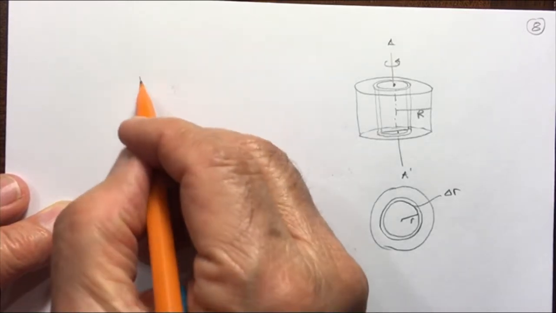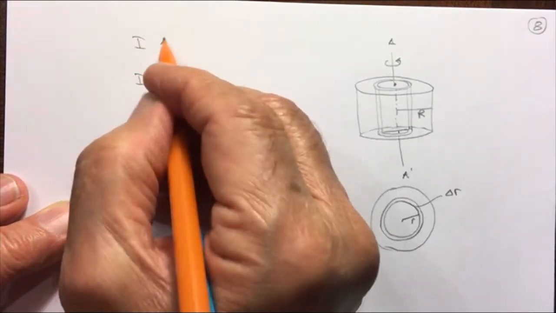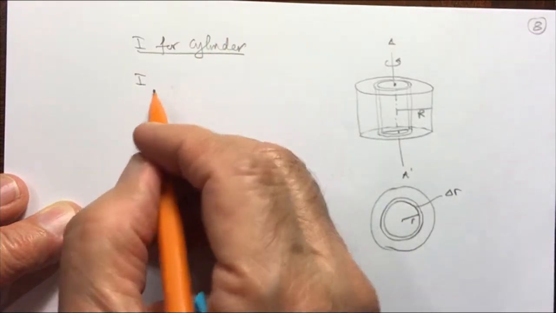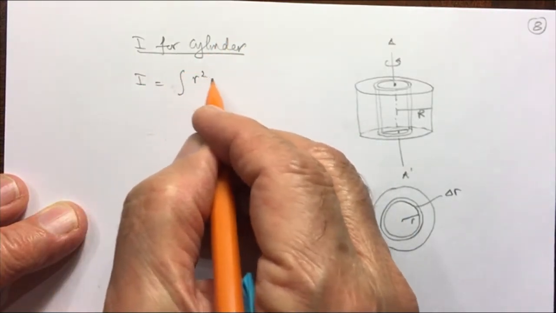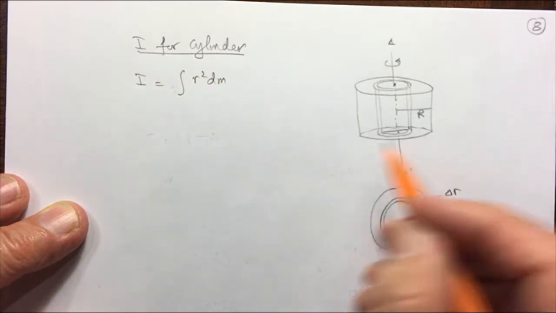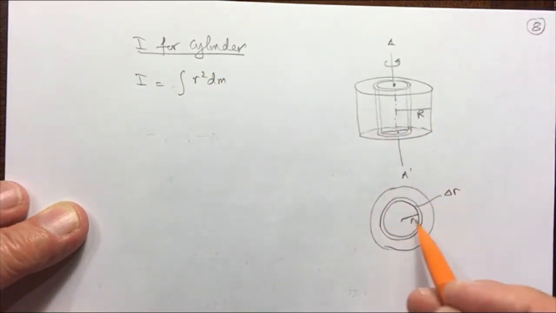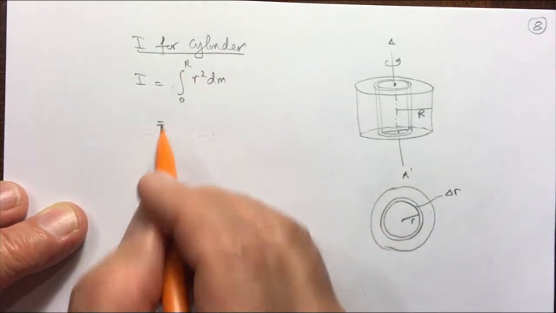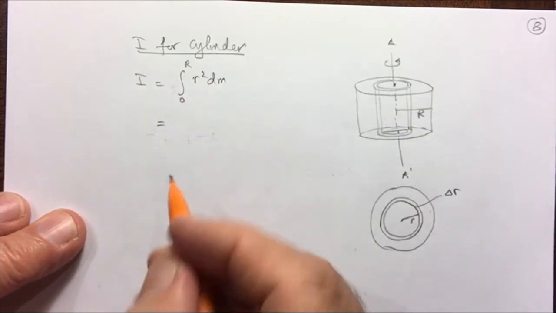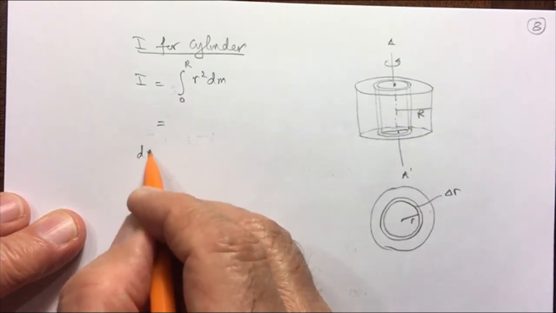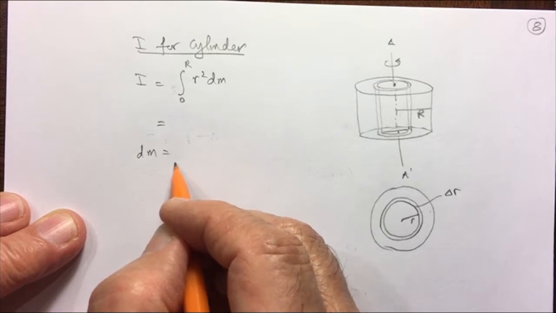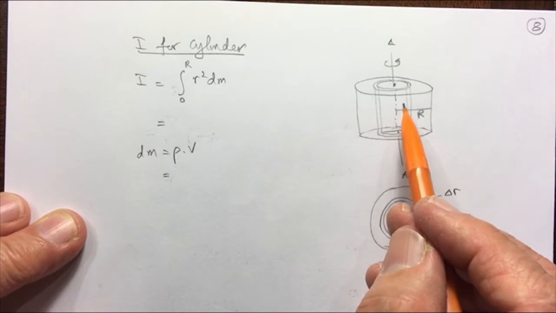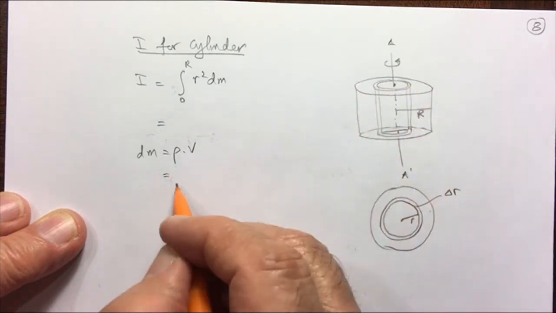Then the moment of inertia is going to be the integral of r squared dm, and the integration is going to be from 0 to capital R. So the problem is how to write dm, and we'll write the dm as a density times the volume. So the density of this cylinder is constant, so we just take it as rho.